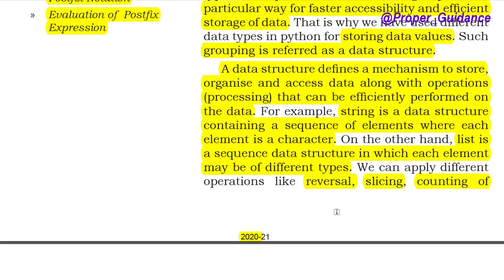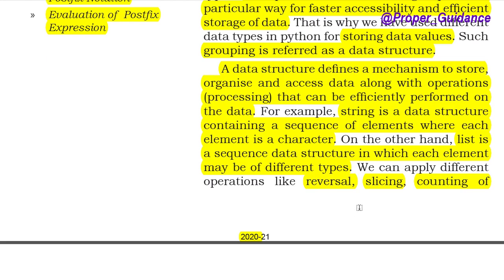So, what is a data structure? A data structure defines a mechanism to store, organize and access data along with the operations that can be efficiently performed on the data. This is our very basic definition of a data structure. For example, string is a data structure containing a sequence of elements where each element is a character.